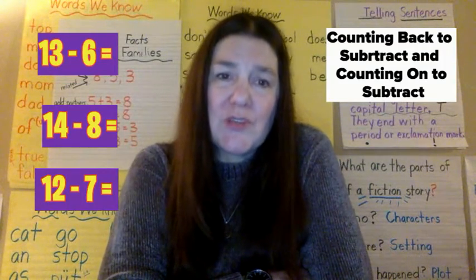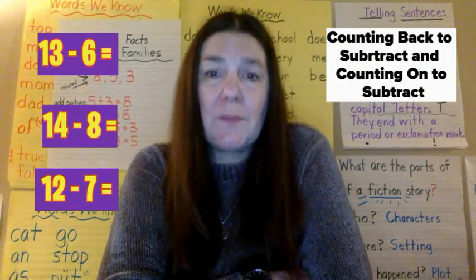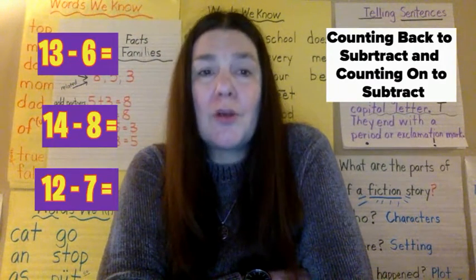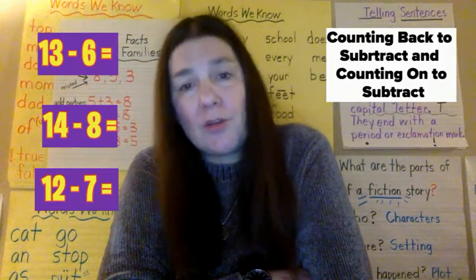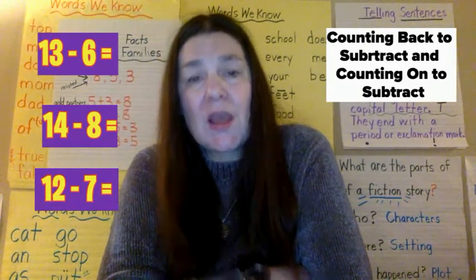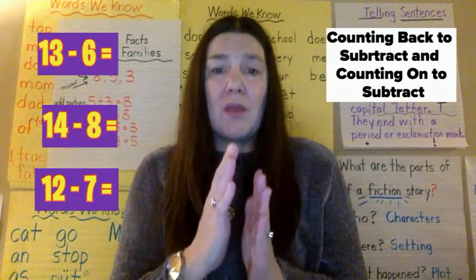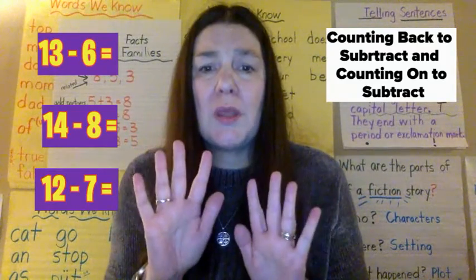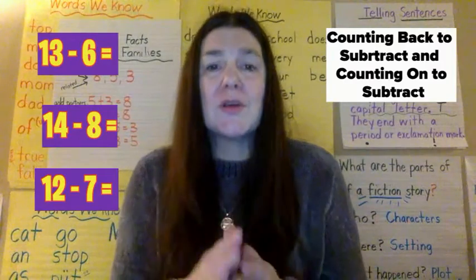The first equation says 13 minus 6. When you count back to subtract, you're going to start with a 13 and then you're going to count to the 6. And the spaces in between are your answers, and those spaces are going to be on your fingers. So here we go.